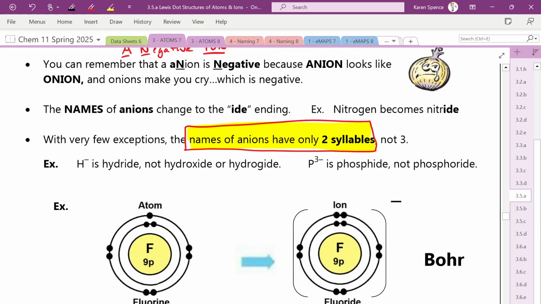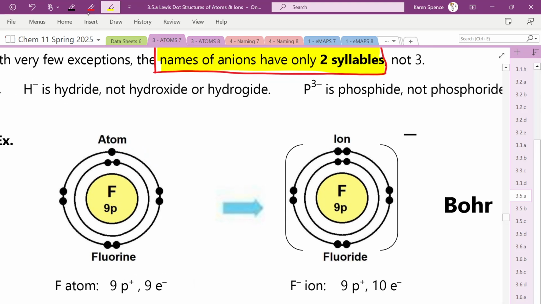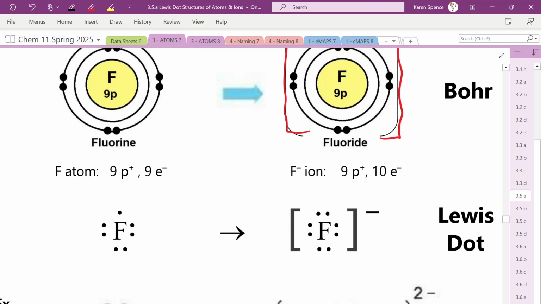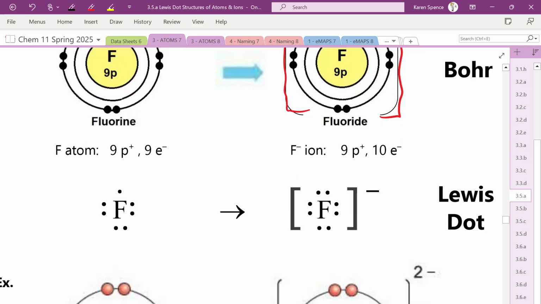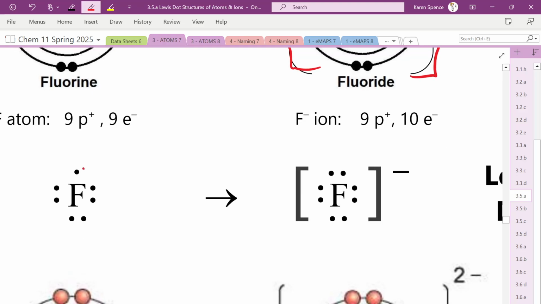Okay, fluorine becomes fluoride. You'll see we have like a little gap here, right? We fill in that gap. We give it brackets and a charge. Same thing when we have our Lewis structure. There is a gap right here.